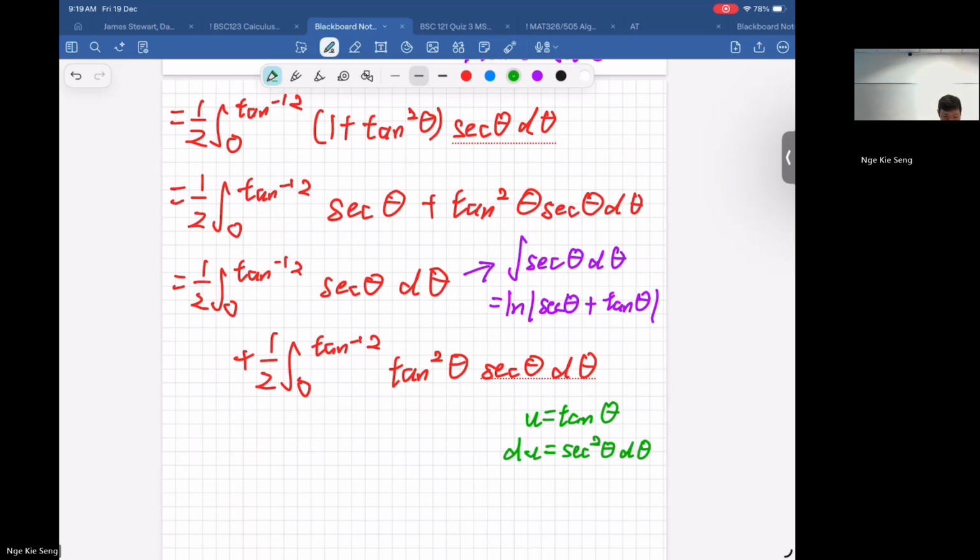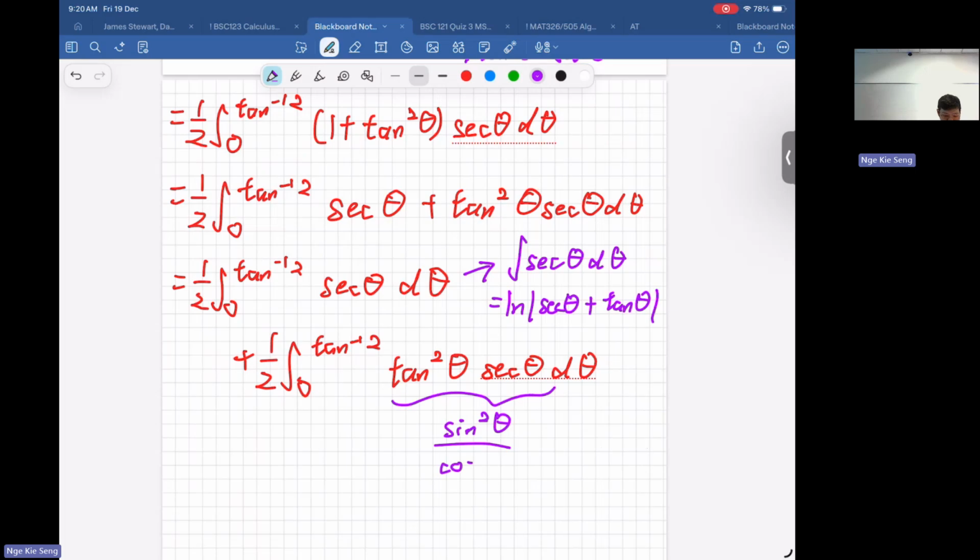So what should we do here? How about, what is this actually? Tangent square times secant here. So it is like sine square theta over cos to the cube theta, right? From here, is it better to see what to substitute?